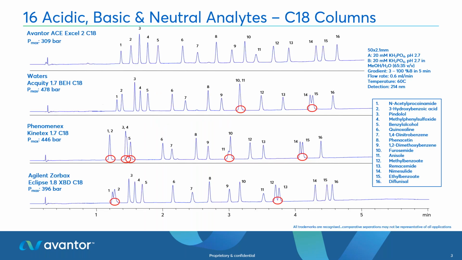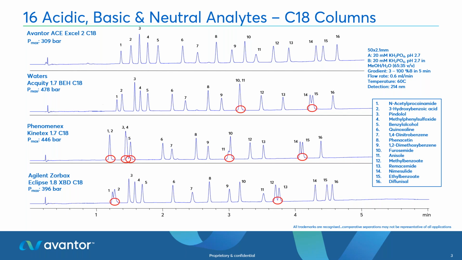So I'm going to start with C18 columns because C18 is the most commonly used phase that we've got in reverse phase chromatography. And that's generally because it works. A lot of the time, our complex mixture of analytes will be run on a C18 chemistry column, and we get a separation, or we work really hard to try and get a separation.